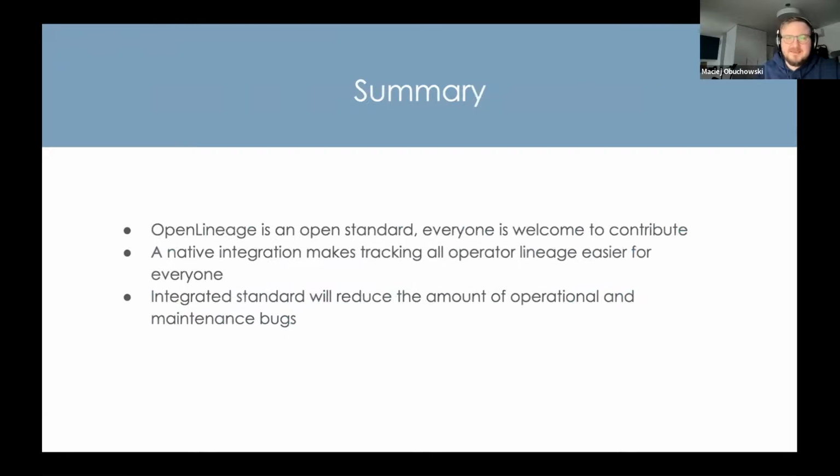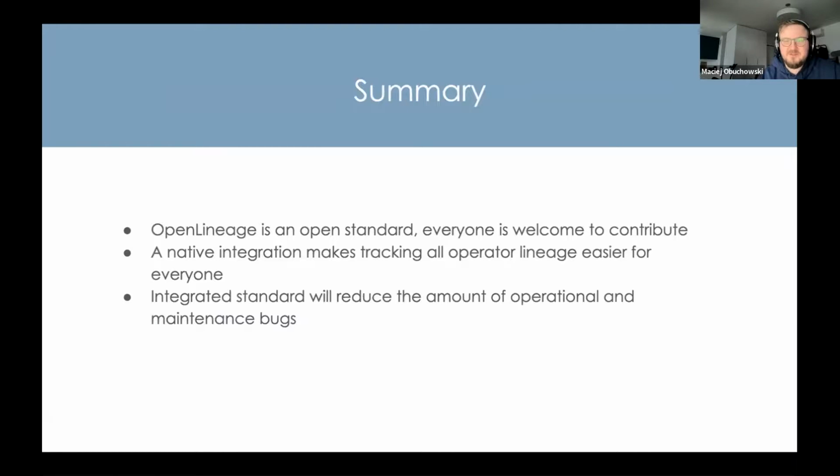And at the end, OpenLineage is an open standard, so everyone is welcome to contribute, influence its design, implementation, open issues, fix bugs. And we think that having native integration will make all of this Lineage work easier for everyone, not only us.